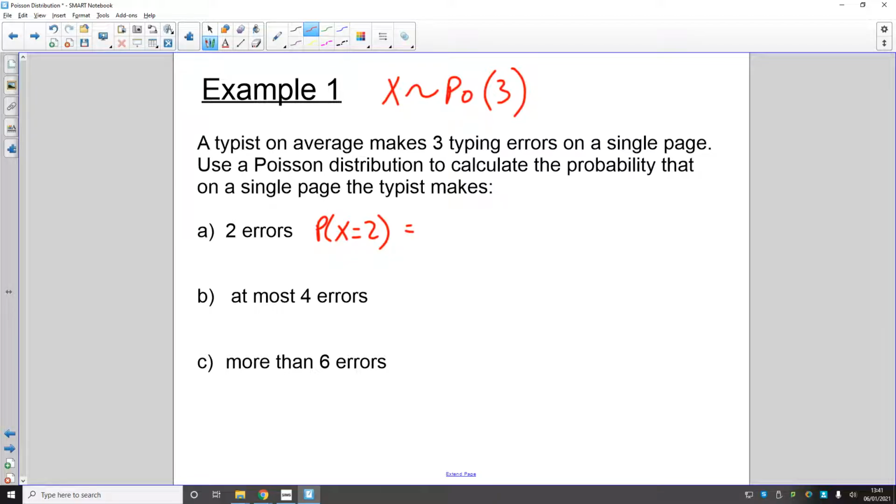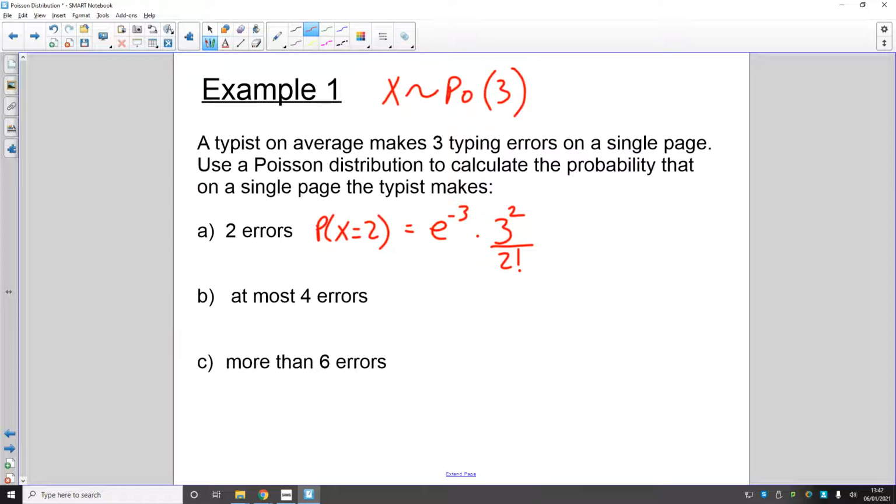Now, we can use our calculators. There's only one probability that we need to work out, so we can use the formula more easily on this one. It will be e to the minus lambda, which will be e to the power of minus 3, multiplied by 3, lambda to the power of x, which x in this case is 2 errors, all over 2 factorial.